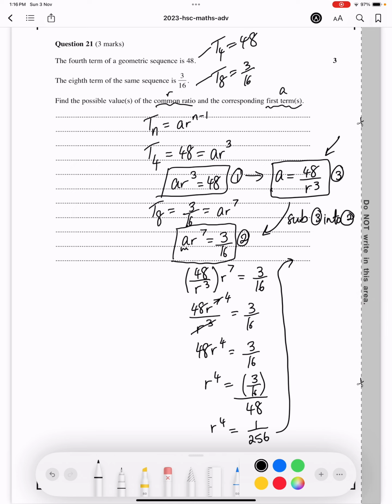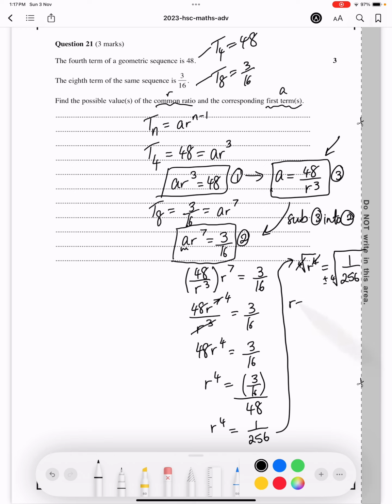And so now what we need to do is we need to take this type of root from both sides in order to cancel that power of 4 and to get R alone. But because this is an even type of root, you have to write plus or minus. We're going to be getting two answers from that.